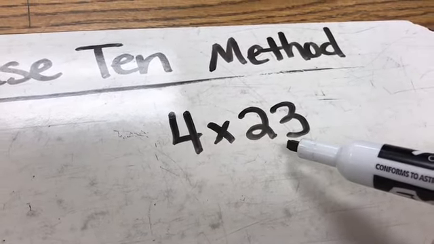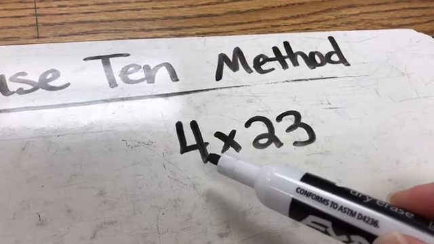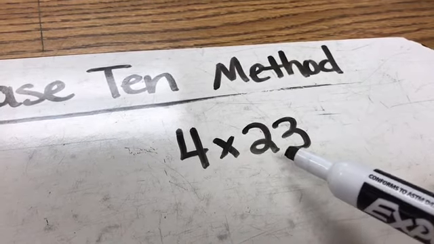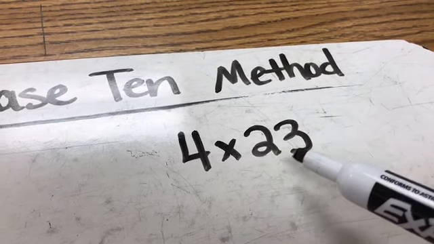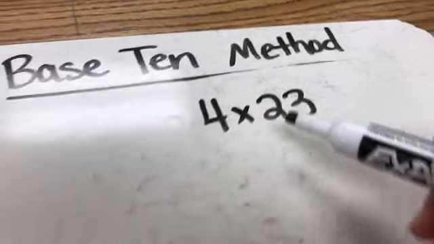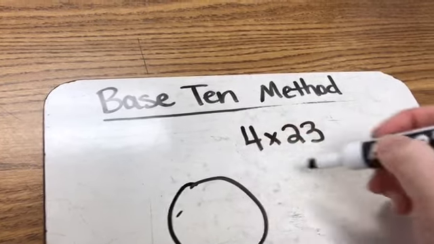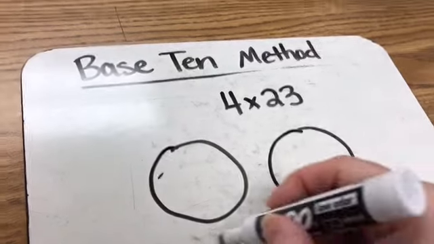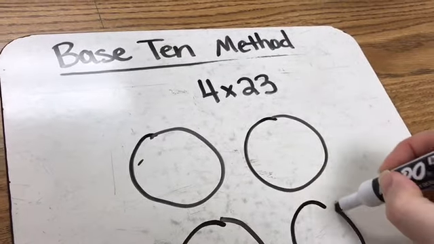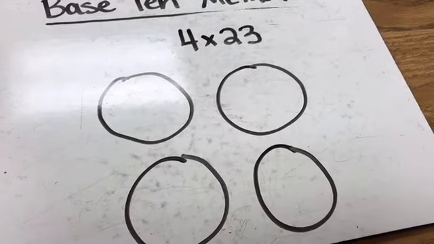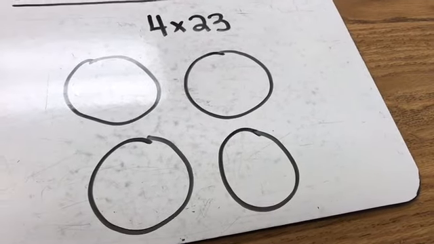If you want to apply it to real life, think about how many students there would be if there's 4 classes and each class has 23 students. That's 4 groups of 23. So to help myself out, I'm going to draw my 4 groups. And this is going to help me keep my symbols organized. Okay?